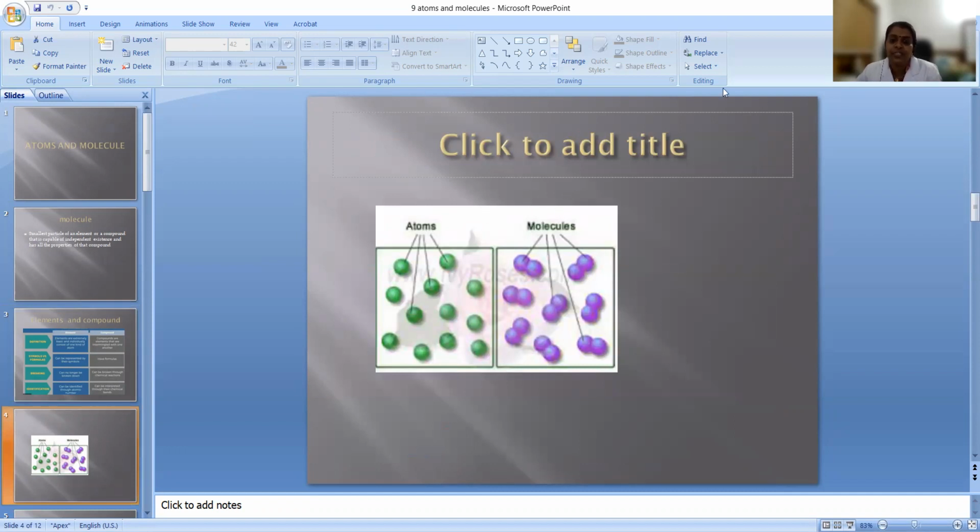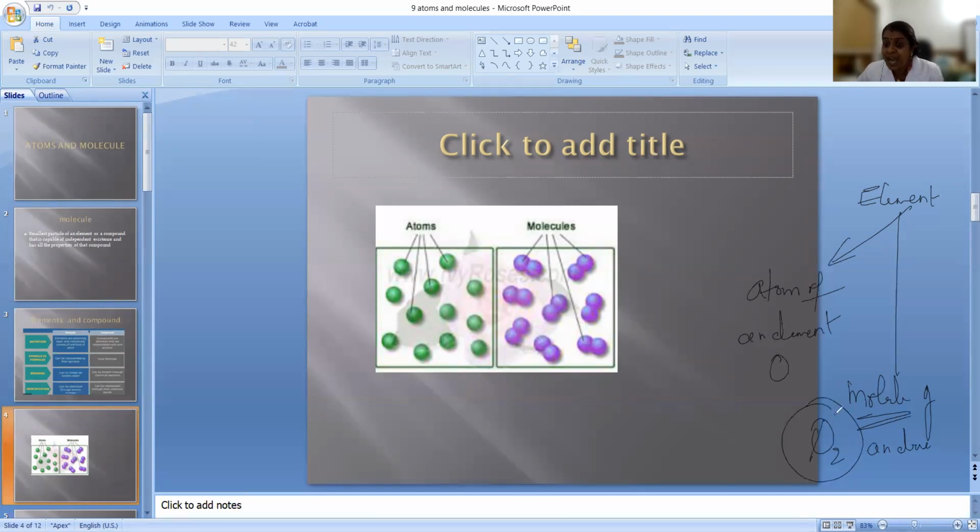Now let us see a more detailed, more basic idea about elements. Sometimes we call an element an atom of an element, and sometimes we call it a molecule of an element. What is the difference? Atom of an element means oxygen, O. But if you represent O2, combined with another atom, then it is called a molecule.